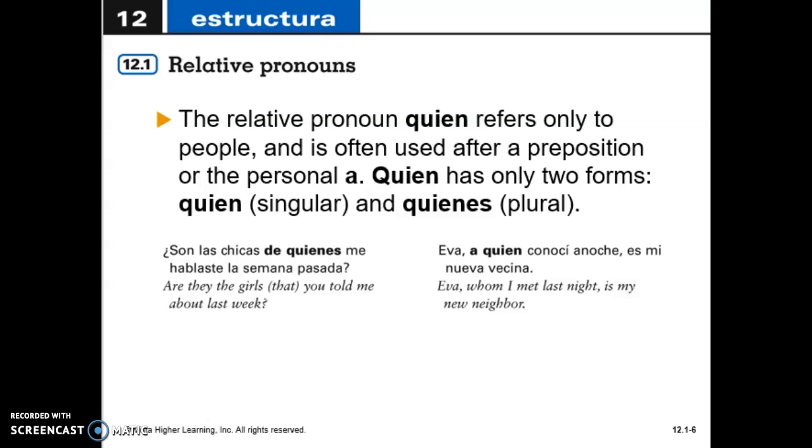Okay, so then again, here, the relative pronoun quien refers only to people, and it is often used after a preposition or the personal a. In previous lessons, we have already learned about the word a that usually refers to people. Quien has only two forms, like I explained, quien for singular and quienes for plural.